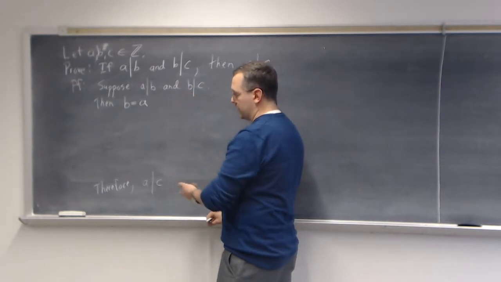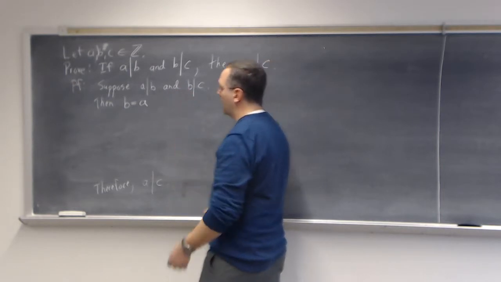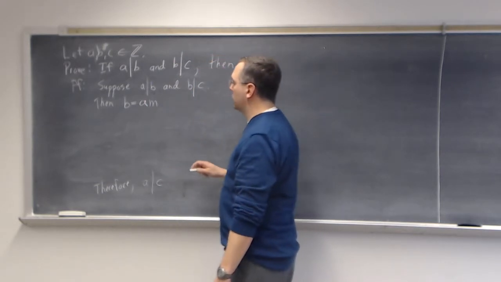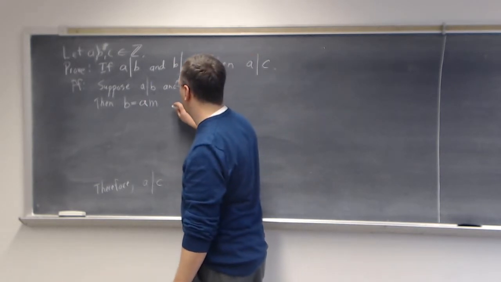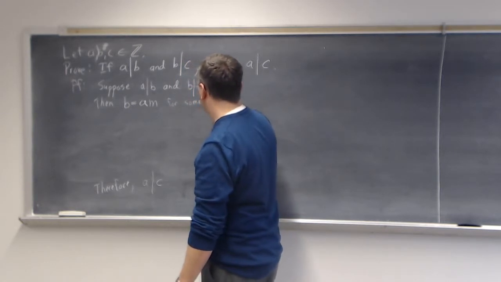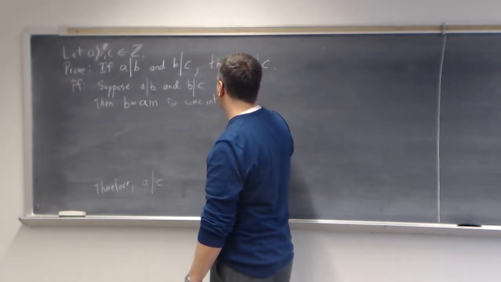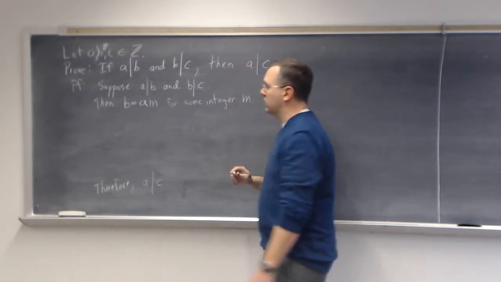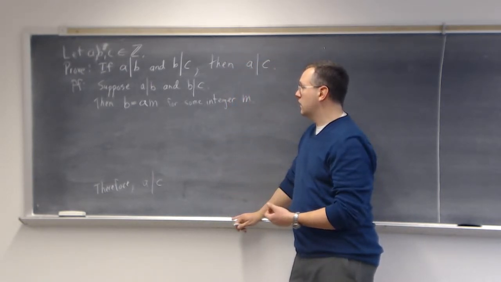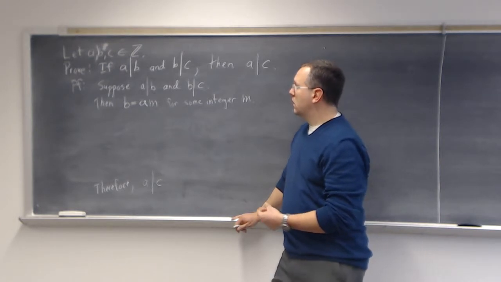Well, I've already used A, B, and C in my proof, so for an arbitrary integer, how about M? B equals A times M for some integer M. Okay, I've introduced another letter. I need to define what that letter is. M is an arbitrary integer.